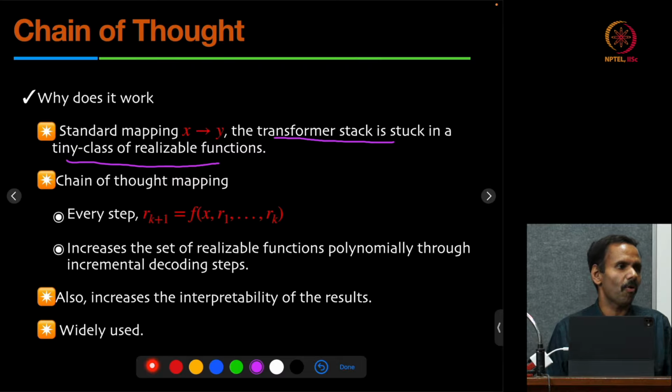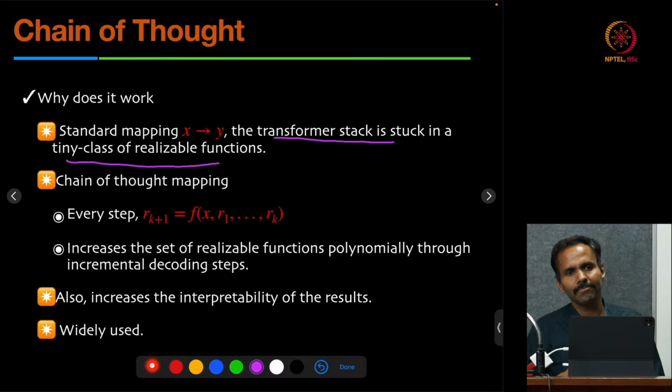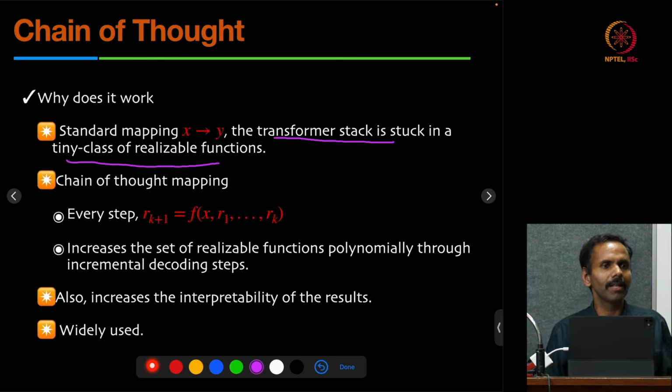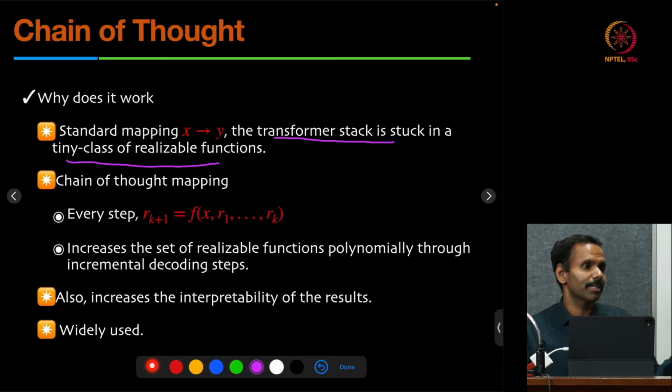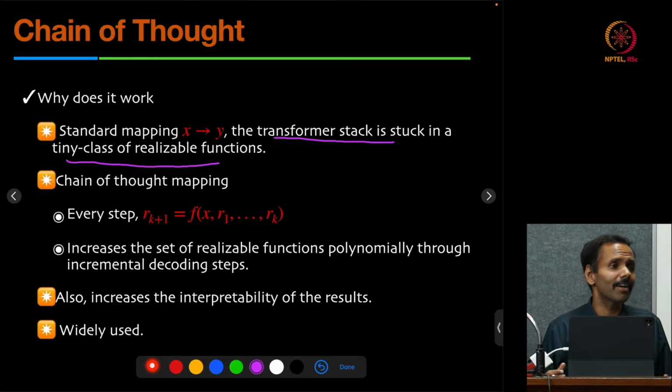So remember that we want the transformers or these LLMs to realize certain underlying mapping functions, right? In this case, you ask a bunch of arguments and they have to put all those verbal arguments into a mathematical expression and generate an answer. So that conversion of English to a math to a final response is a function, and when you have a direct response, many times the model can get stuck in a tiny class that is realizable.